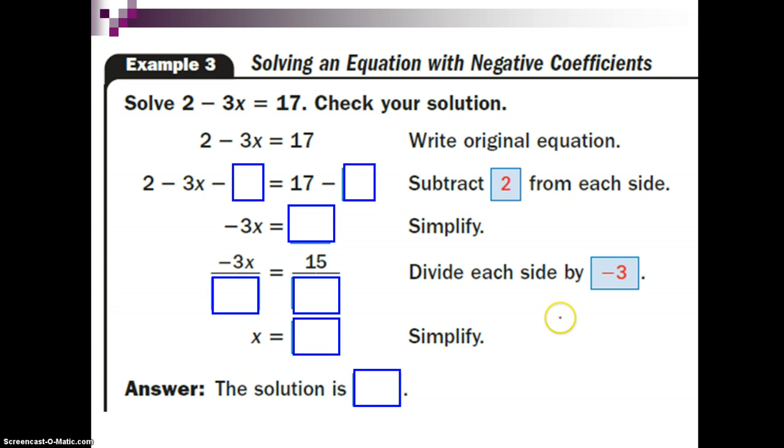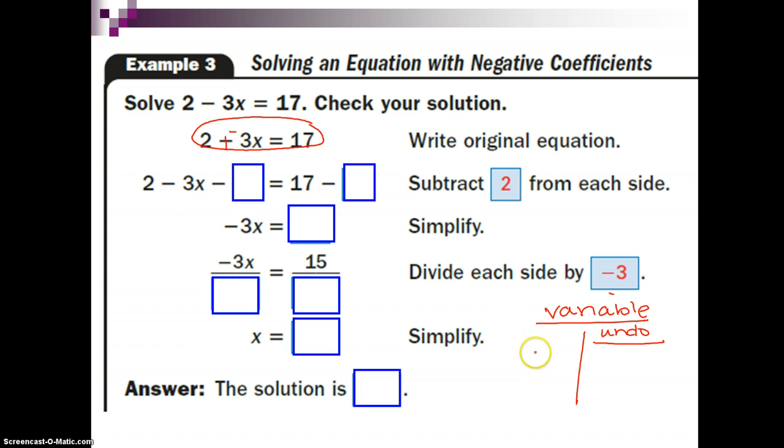Let's talk about negative coefficients. You can see this is 2 minus 3x, and we change that to adding the opposite. Okay, I'm going to come down here and write out my little chart that I've been doing. One side is what's happening, the second side is how to undo it. So let's look at our equation. You have 2. That's the constant, right?